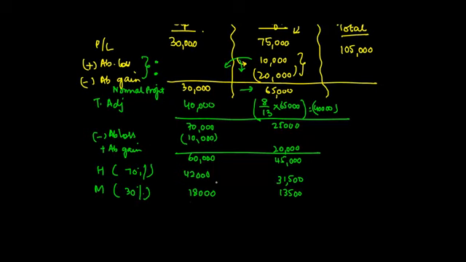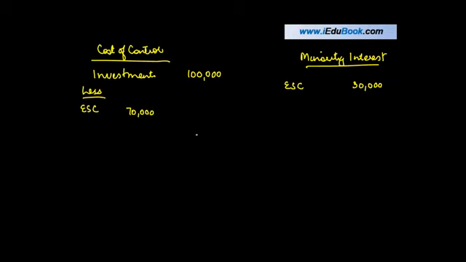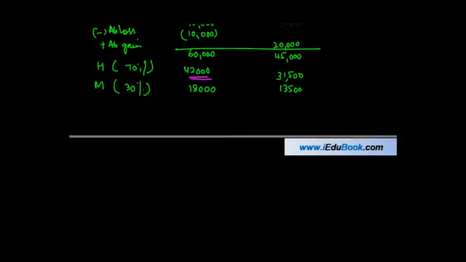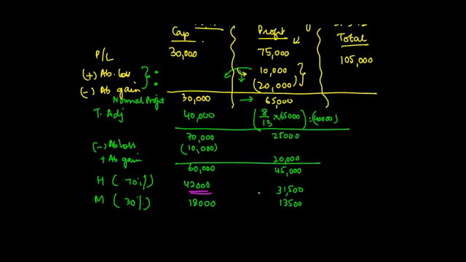Now I need to take these respective balances to the respective places. So this is the pre-acquisition profits. So obviously this is going to go and reduce my cost of control. Pre-acquisition profit. How much is the number? 42,000, right? And 31,500 is the profit.